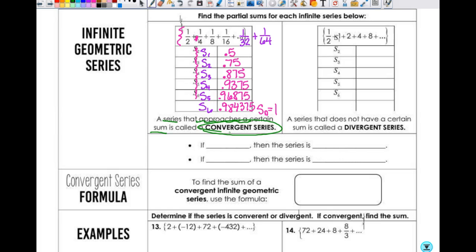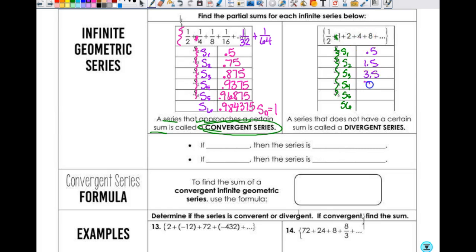Now let's look at the second one, where we again fix these S's: S1, S2, S3, S4, S5, and S6. The first one is 0.5. Then 0.5 plus 1 is 1.5. Add 2, and it's 3.5.